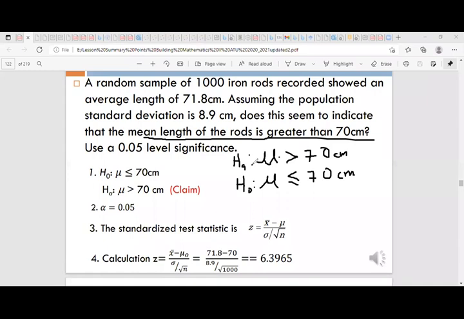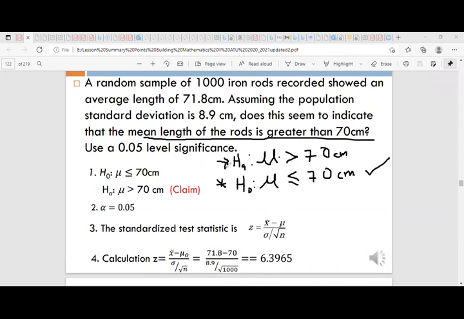Okay, very good. So like we said, anytime we are testing, in hypothesis testing, we always test what? The null hypothesis. And then anytime we are checking for the critical value, we use the notation on the alternate hypothesis.